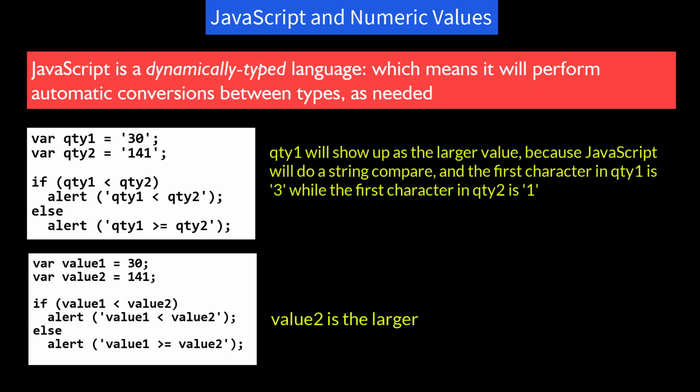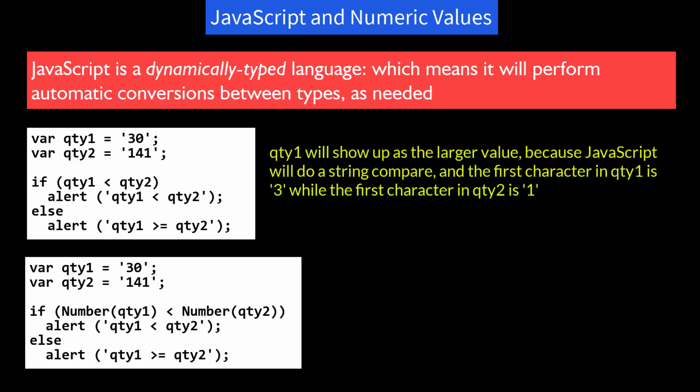As we saw in the previous video, you can use the Number function to explicitly convert the value in a variable to be numeric. So in the first case, we could code if Number(quantity1) < Number(quantity2), alert "quantity1 less than quantity2", else alert "quantity1 greater than or equal to quantity2". Then quantity2 would show up as larger.